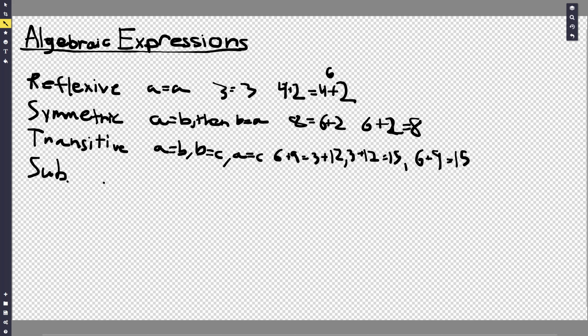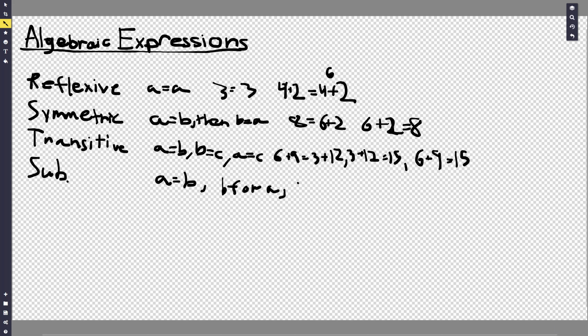It's basically saying that if two quantities are equal, you can substitute one for the other. So if A is equal to B, then in any expression, we can substitute B for A, or vice versa.